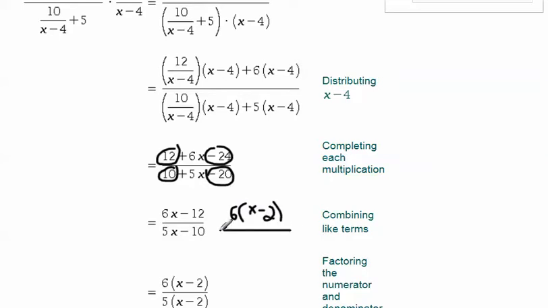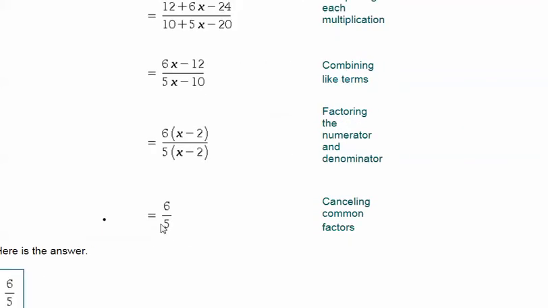The denominator can be factored to 5 times x minus 2. Aha! So that is helpful because this can cross cancel this for a final simplification of, if this cross cancels with this, we're just left with 6 over 5. So that is the final answer.